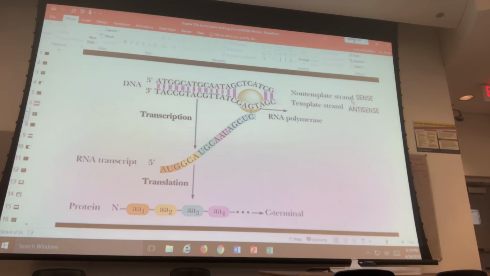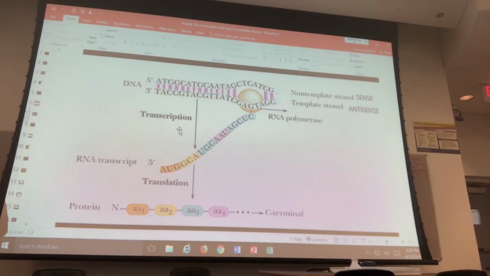They look very, very similar to each other, almost exactly the same. There's just one difference. Every thymine that you see in the sense strand of DNA is replaced by what in mRNA? Uracil. Exactly. That's the only difference. Everything else in sense DNA you will find in mRNA.